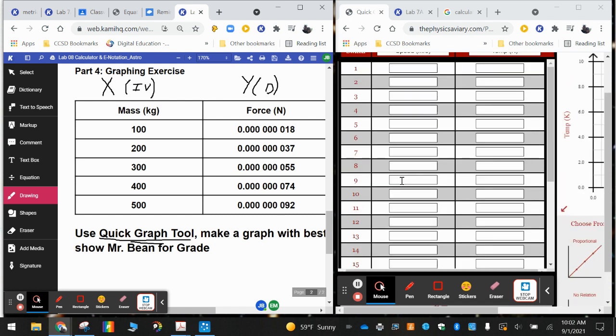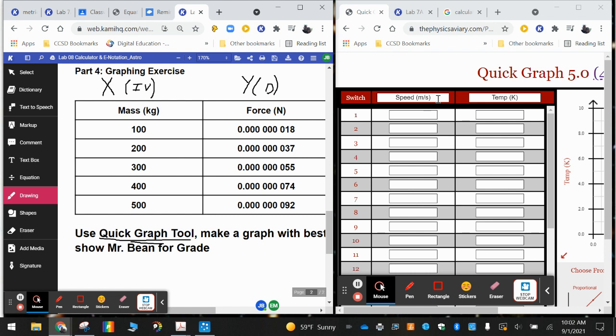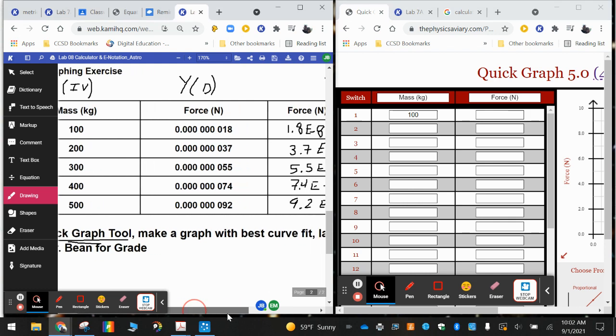So, quick graph tool. What should this be labeled? Mass. What units? Kilograms. What's this up here? Force, and N, right? It's actually newtons, but we just put N. I'll show you the first one, then you do the rest. This is 100. Now, what's the E notation?